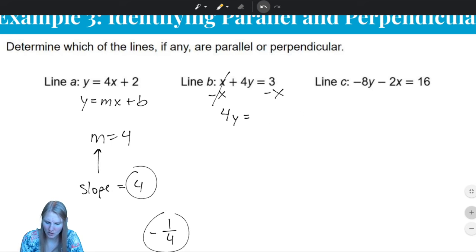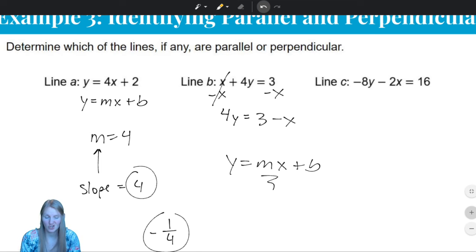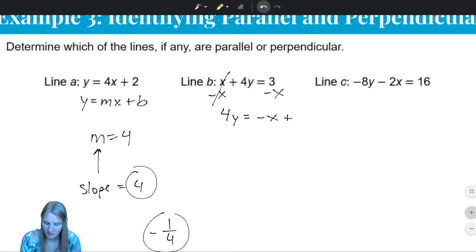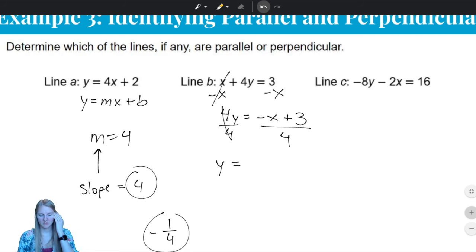I know you're thinking, wait, shouldn't I do 3 minus x? Remember, if we want y equals mx plus b, the x should come first. So negative x plus 3. And now to get the y by itself, I need to divide by 4 on both sides. So I get y equals, and remember, we take the negative x divided by 4 and the 3 divided by 4.